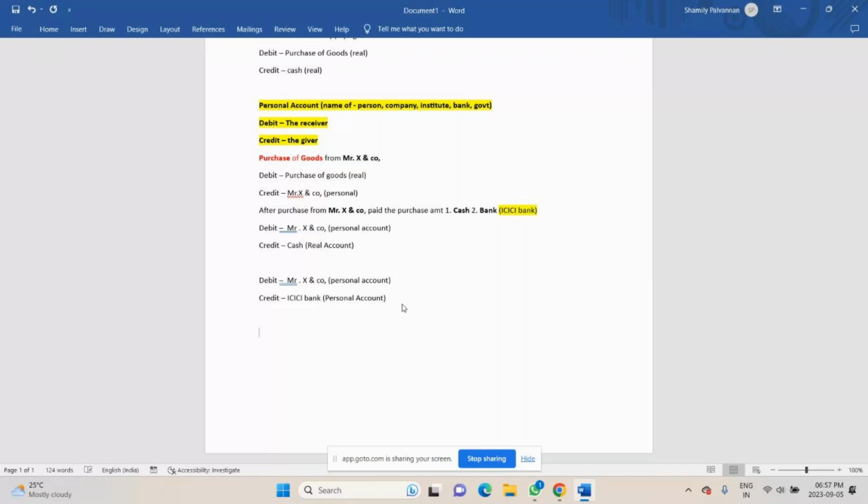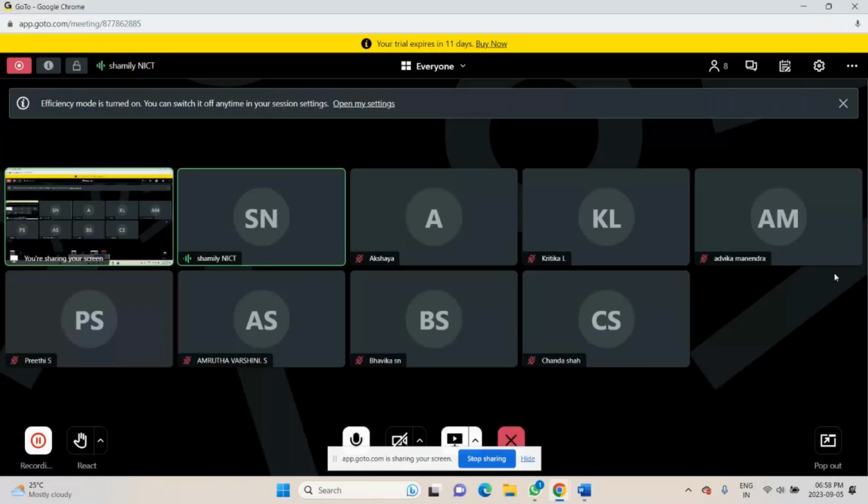So what we will do after doing all these things, at the end of the day, to find the profit, we will be preparing the financial statements: trading account, profit and loss, and then the balance sheet. Right? This is what we will be preparing. So let me ask you, why is this trading account being created?